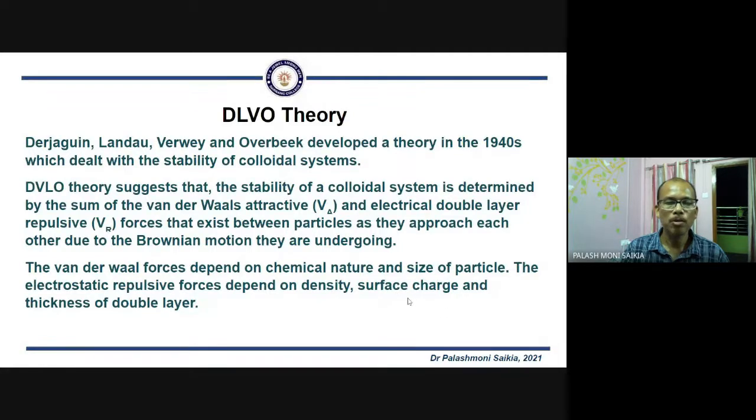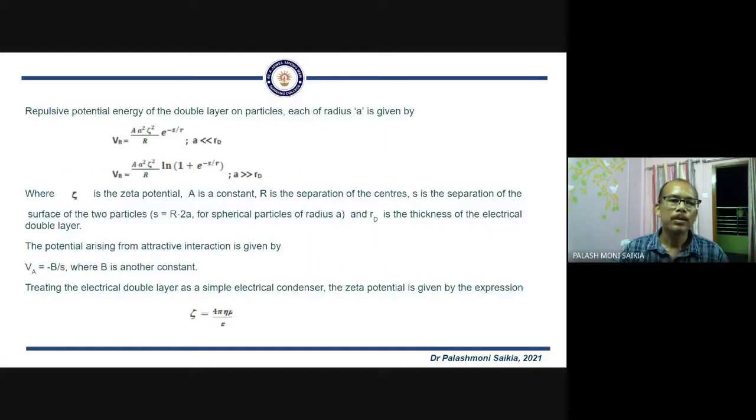More charge, more repulsion, the density of the charge, and also the thickness of the double layer. If the double layer is thick, the electrostatic repulsive forces will be higher. So the surface charge density and thickness of the double layer will determine the electrostatic repulsive force. So there are some mathematical expressions here.